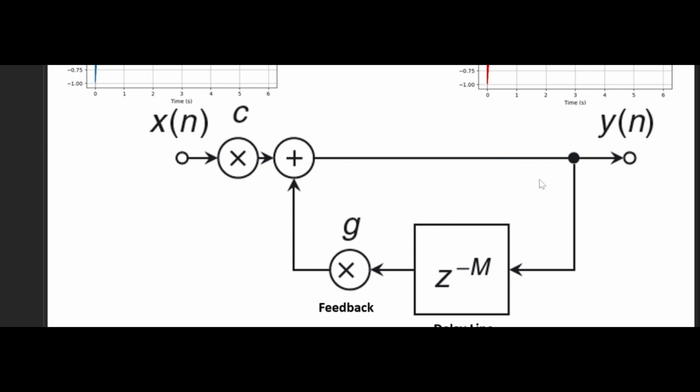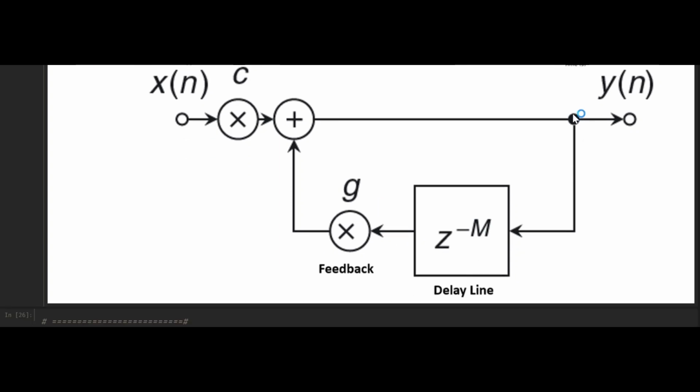What I'm going to implement is that my input gets added with this feedback, which is the gain multiplied by the output of this buffer. And how this buffer works is that it takes the last value here, the last value of this buffer gets multiplied by G, and then it gets added with the input. Then I have to shift this array and replace the first value of the buffer with the current output.